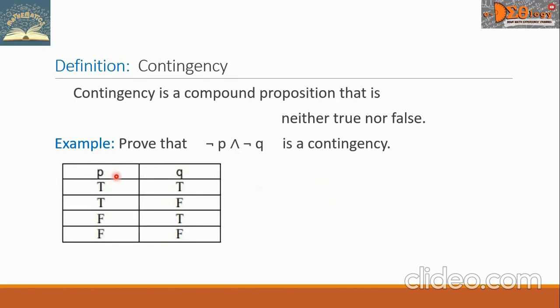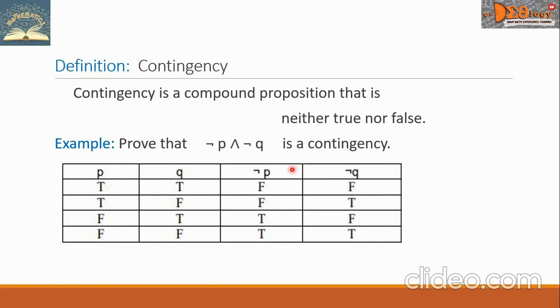We write the columns P and Q, and we write here all the possible combinations of P and Q. For the column P, we write T, T, F, F. For the column Q, T, F, T, F.